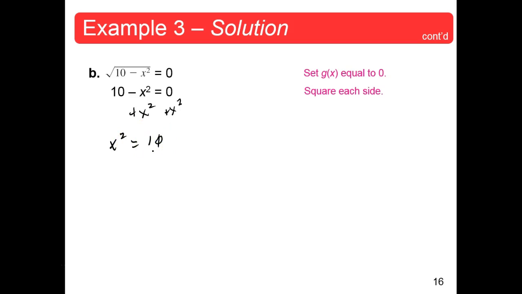And what can you do to solve that one? Take a square root of both sides. So you take a square root of this and a square root of that. And what's the square root of x squared? X. What's the square root of 10? Plus or minus, you're absolutely right. That's the danger of doing it this way. You forget about the plus or minus sign.